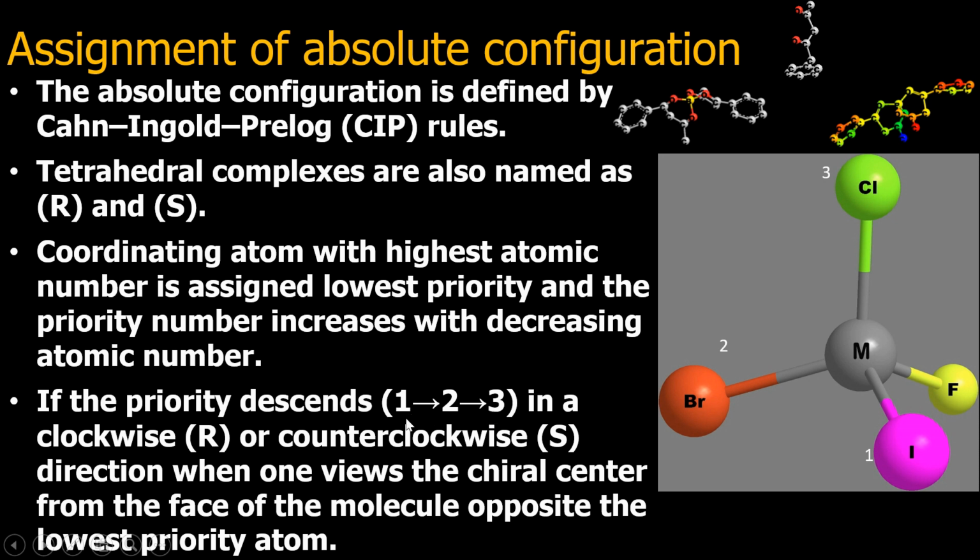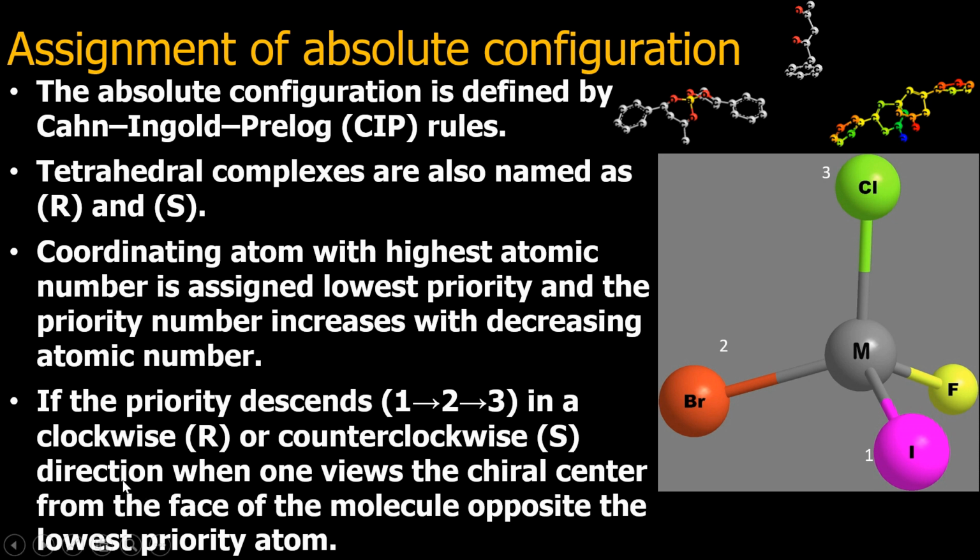So you have to count 1, 2, 3 and see in which direction it is going. If the numbers 1, 2, 3 go in a clockwise direction, then we will call it R or C or delta. And if 1, 2, 3 go anti-clockwise, then we will call it S or A or lambda. But in order to do that, we have to arrange this in a particular method.